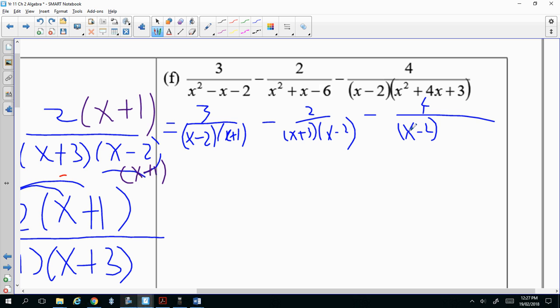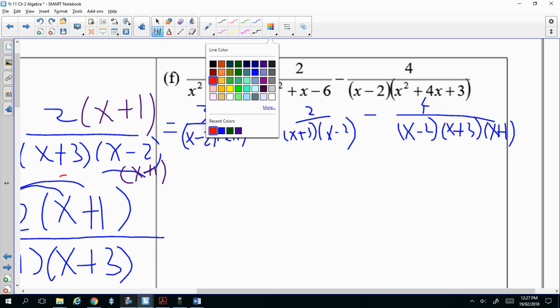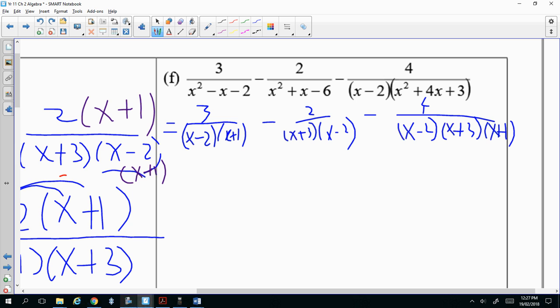Alright, so you compare the three fractions. The first one has x plus 3 missing, so you compensate by x plus 3. The second one has x plus 1 missing, and the last one has everything, right? So once you've done that, you can write them as a common denominator.